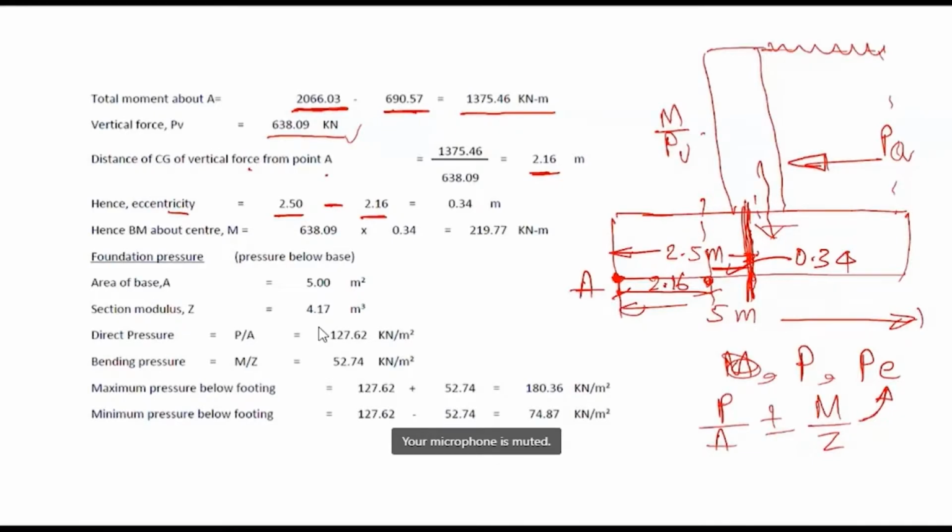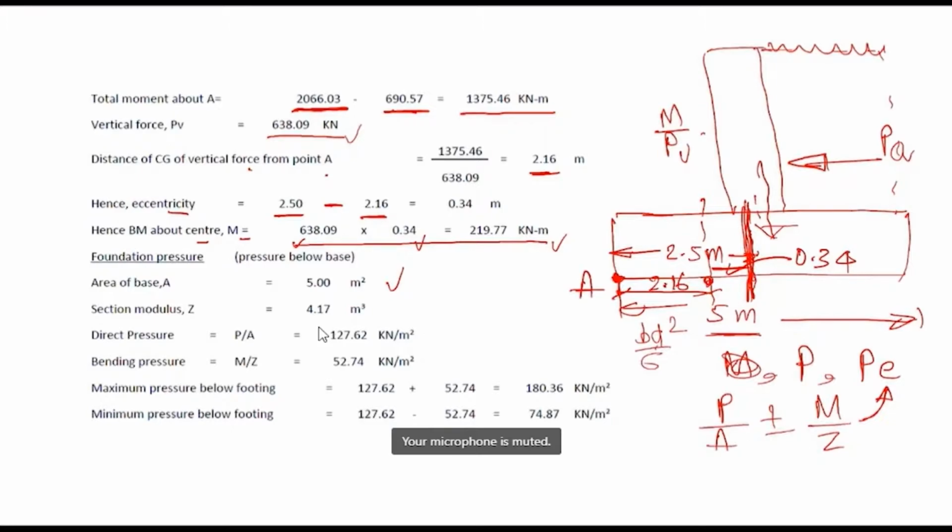Hence bending moment about center, M equal to this one. This is the vertical load, this is the eccentricity, so the bending moment is this. Now the area of base is, for 1 meter strip, the width is 5 meter, 5 into 1, 5 meter square. Modulus will be BD square by 6.